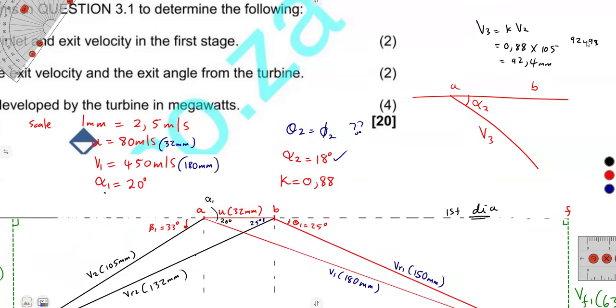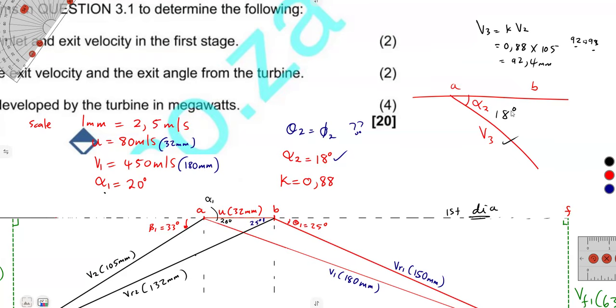You can round off and leave it as 93 or 92, or just something in between, or use the value as it is. Here, I'm just going to write this value on my diagram. So you measure something in between 92 and 93, as you know your constructions. So that's our V3.